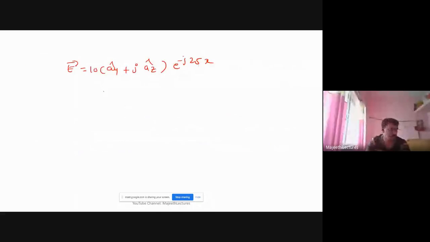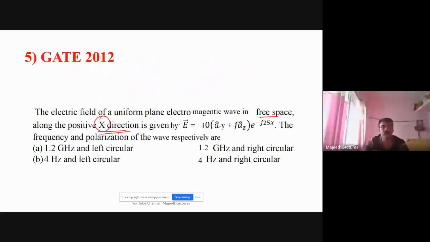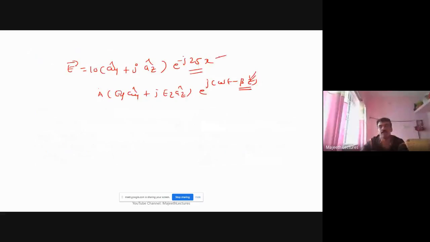Compare with the general formula. We know the general formula is A (ay plus j az) e power j(omega t minus beta z). Here omega t is 0. Beta is here for z direction, but as per the problem the wave is in x direction, that's why it is x. So what is beta if you compare? Beta is equal to 25. What they ask is f.